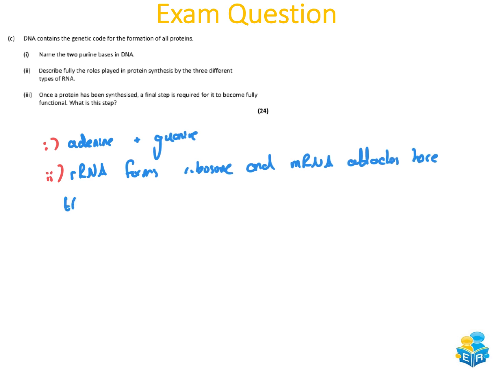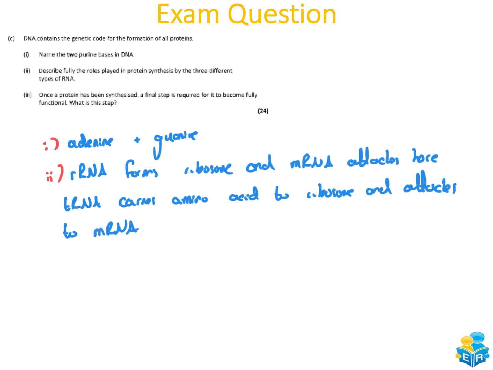You can say that tRNA carries the amino acid to the ribosome and attaches to mRNA, deposits an amino acid. The mRNA has matching codons to tRNA.